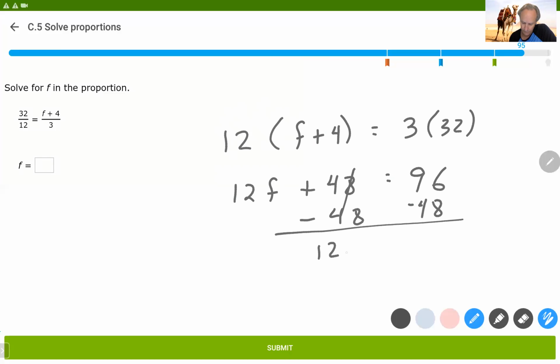You get 12f is equal to 48. Divide by 12 and you get f is equal to 4. And you can check it. 8 times 12 is 96 and 3 times 32 is 96. There we go.